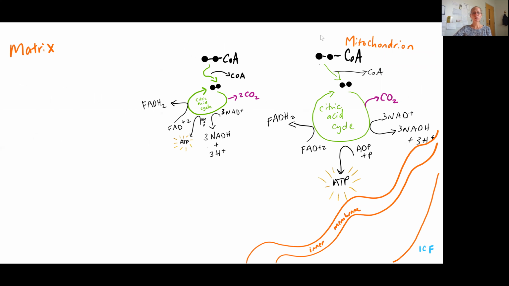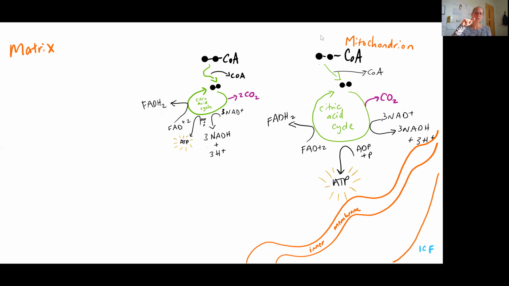Okay, so remember we're inside of our mitochondrial matrix for this process, and we are starting with our acetyl-CoA, our 2-carbon molecule that we made during pyruvate oxidation. Remember, we made 2 of those, so this reaction is going to be happening 2 times.